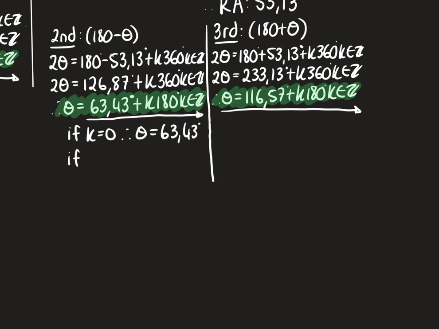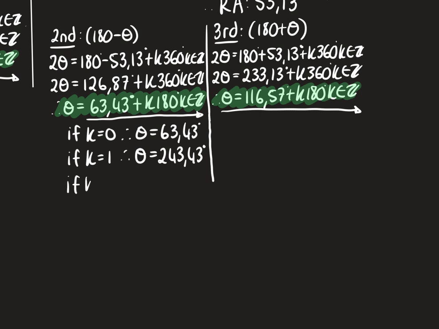We would then go one further and say, if k equals 1, therefore theta is going to equal 63.43 plus 1 times 180, which is 180. And that gives me 243.43. Now, does 243.43 degrees lie between my 0 to 360 domain given? Yes, it does. Therefore, it's a solution.